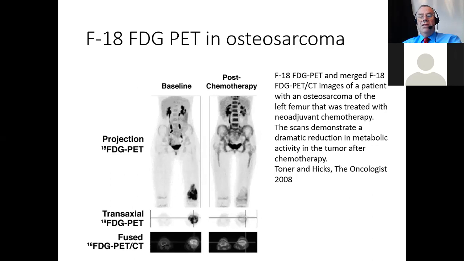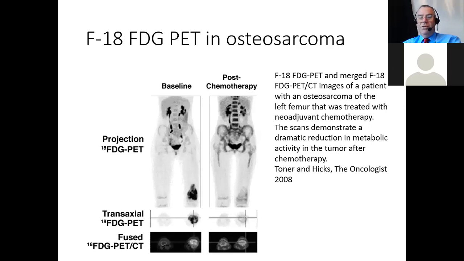The patient then received chemotherapy, and you can see in the post-chemotherapy images the characteristic bone marrow activation of patients who have become anemic due to chemotherapy. But what you can also see, if you look down into the femur, is there's been a very good response in terms of FDG uptake.